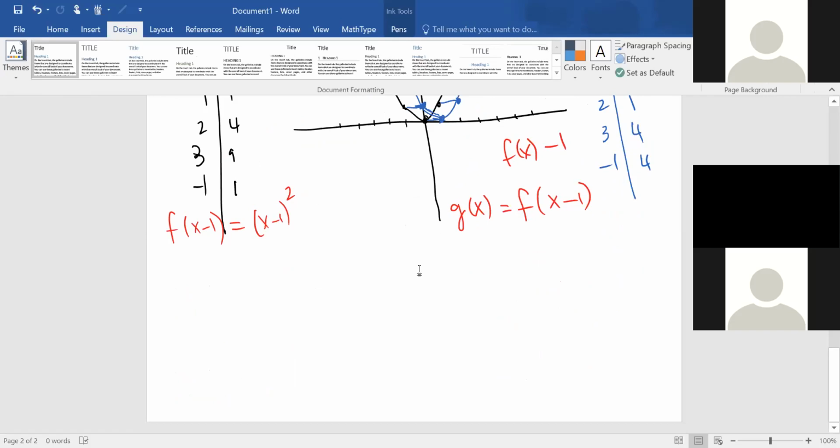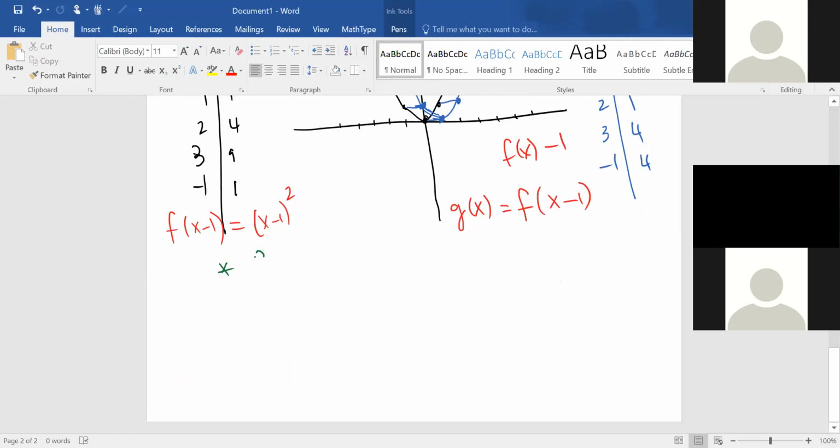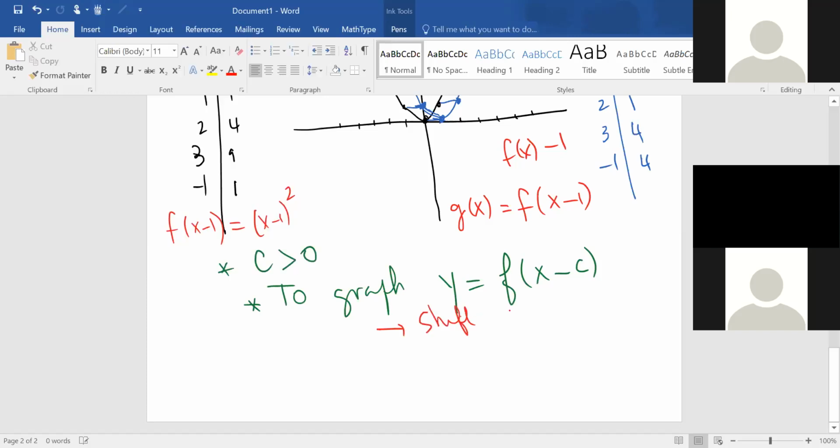Our second case says to graph, if C is positive, y equals f of x minus c, what you do here is shift right C units.